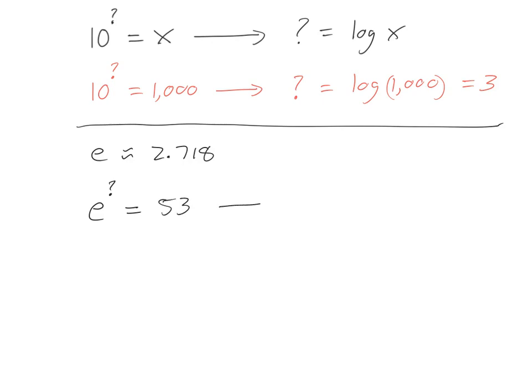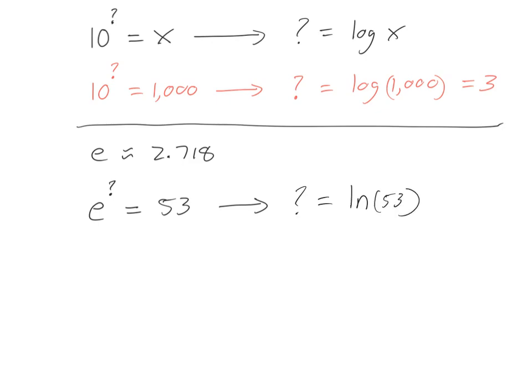And the answer to that question is a logarithm, but it's not a logarithm with respect to base 10, but it's a logarithm with respect to base e. So we write it a little differently, and we express it as follows. We say that the answer is the natural logarithm, also pronounced ln, of 53.